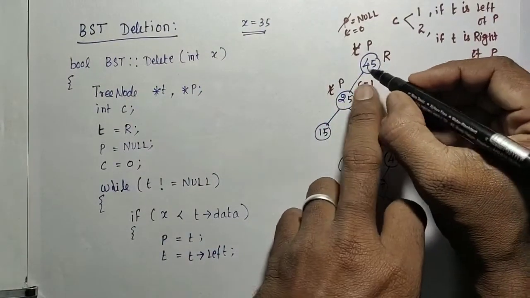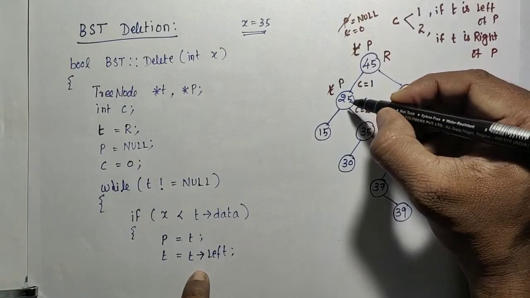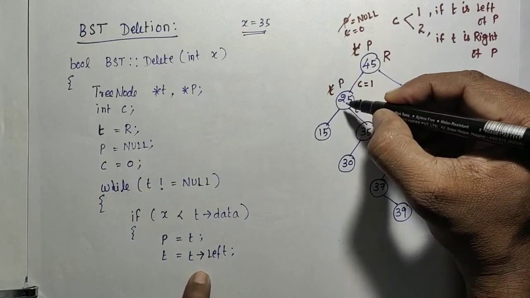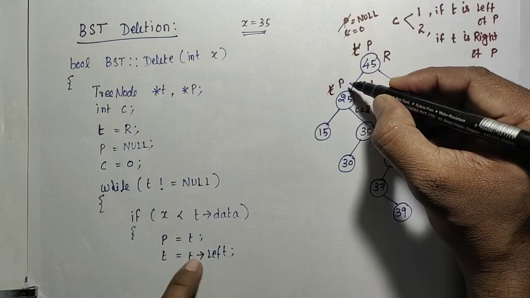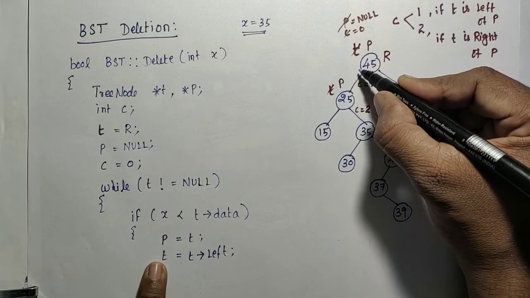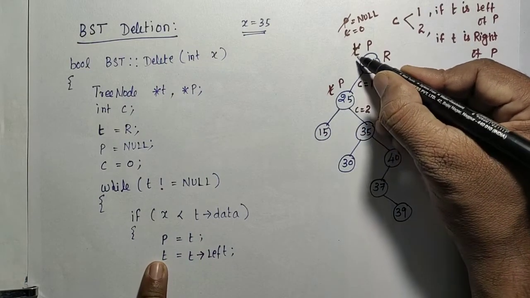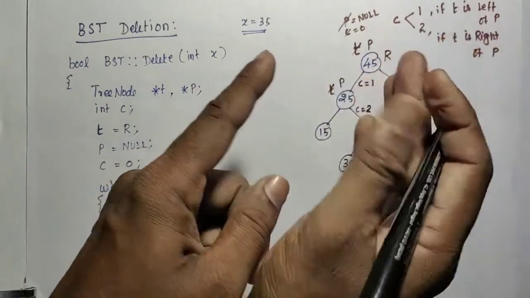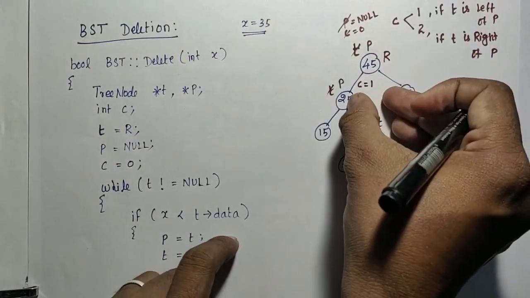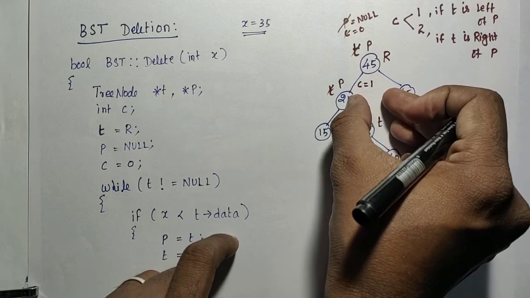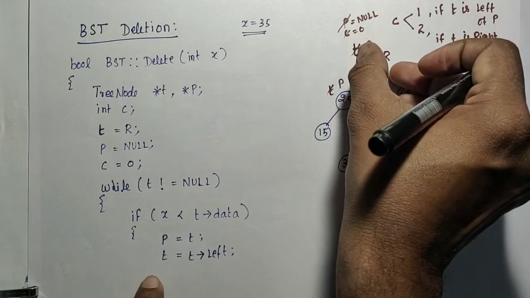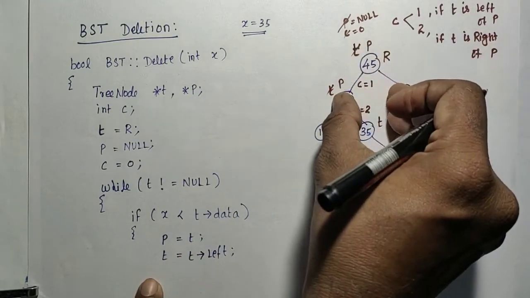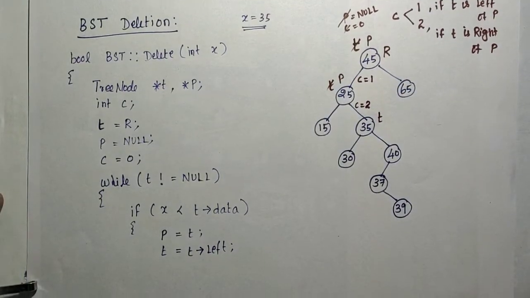That is, t of left means some address of this node. That address of this node will be stored into the t. If this is 110 and this is 210, the left field contains the address of the 25. That is 210. So that 210 will be stored into the t. It means that t is moving to that node.